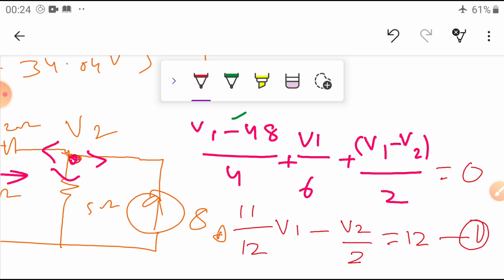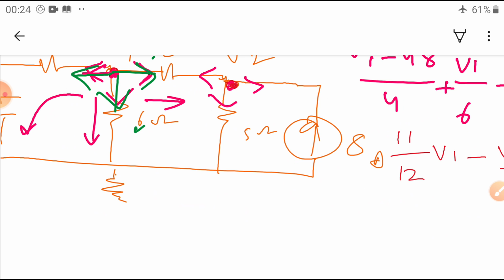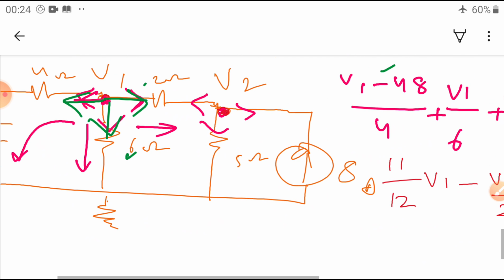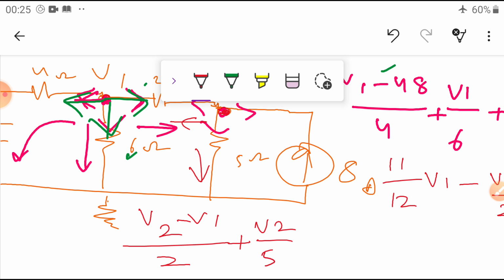Now coming to V2, write the same equation at nodal 2. At this position, what is the current? The currents are leaving in this direction. Here V2 minus V1 by the resistance 2 ohms, plus this current V2 by 5 ohms.